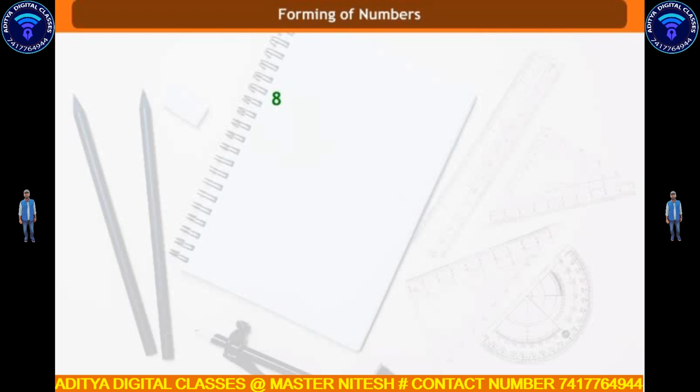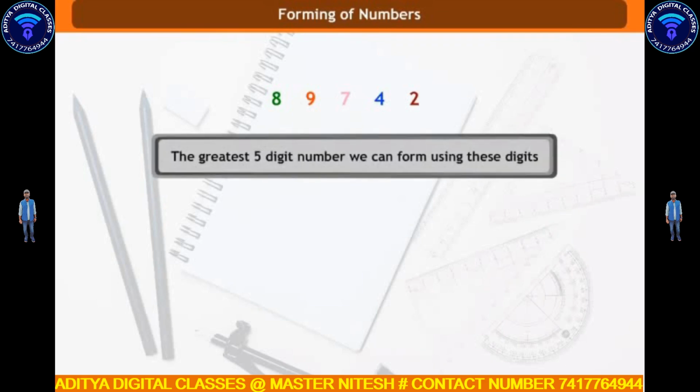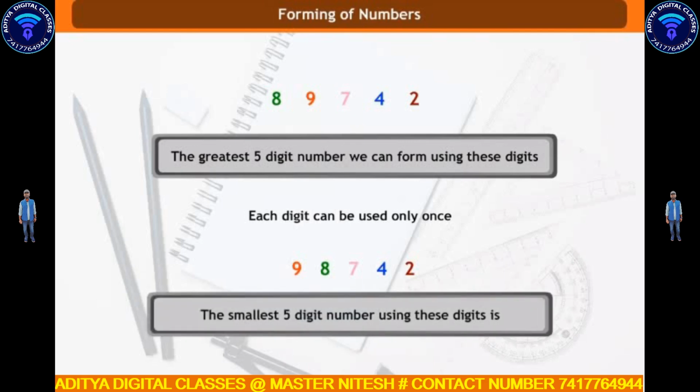Similarly, consider 5 digits: 8, 9, 7, 4 and 2. The greatest 5-digit number we can form using these digits without repetition is 98,742, and the smallest 5-digit number using these digits is 24,789.